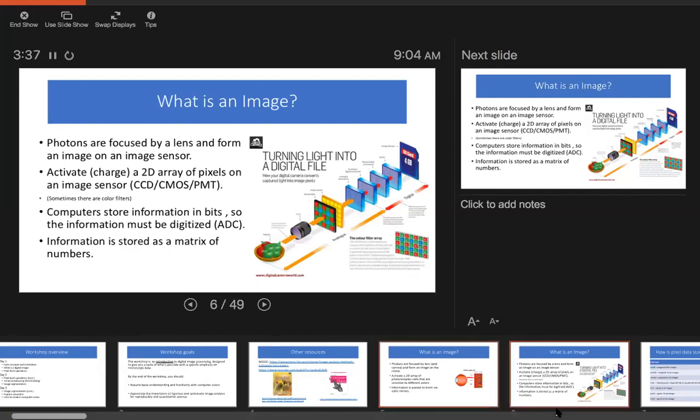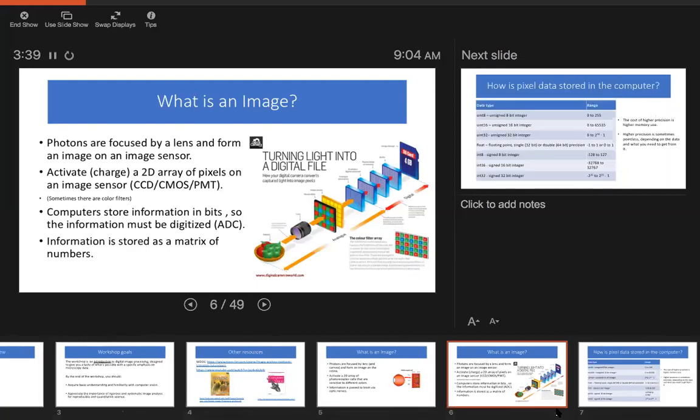Now, what is a digital image? So a digital image is very similar, honestly. You have this lens. The lens focuses the light on a sensor. It's the same type of 2D sensor, I mean, not the same type, but very much inspired 2D sensor that converts photons into electrons.